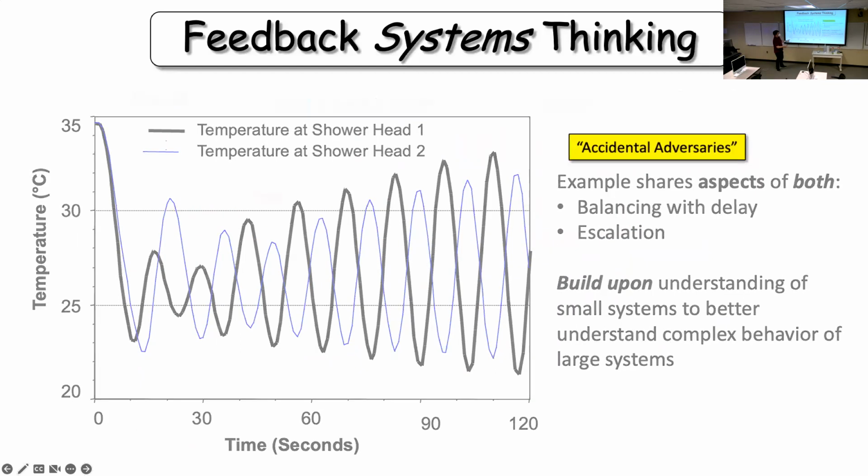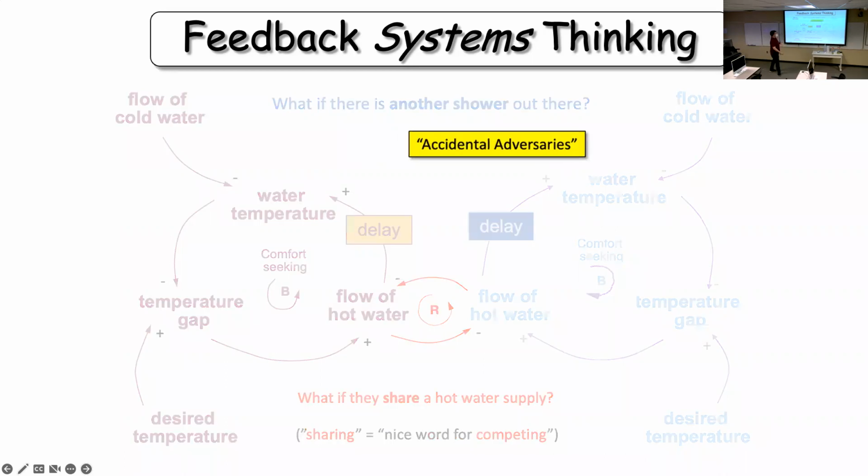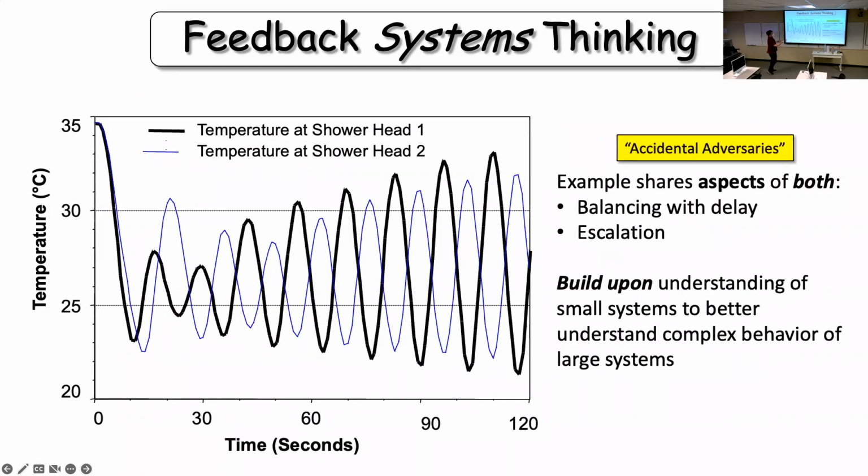So remember escalation. If I could go back to this link here, if these two balancing loops didn't have the reinforcing in between them, if there was just one single flow of hot water in between them, this would be escalation. But the additional dynamics from these two flows of hot water competing against each other is what causes this escalation to not just grow, but also have these interesting oscillations here too.